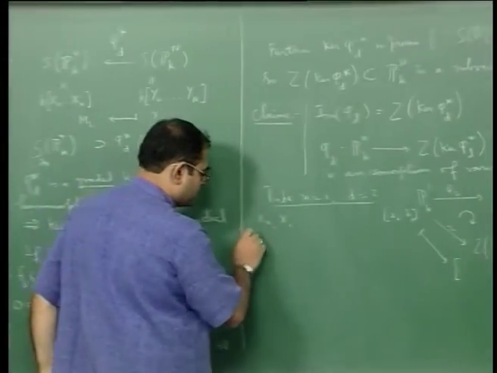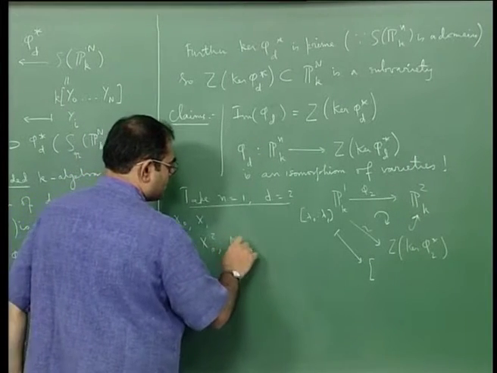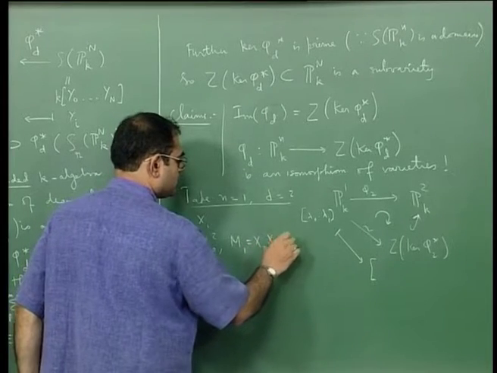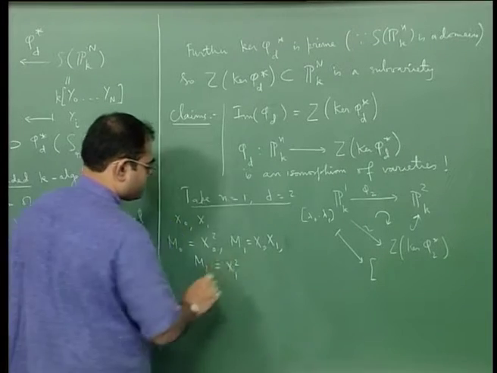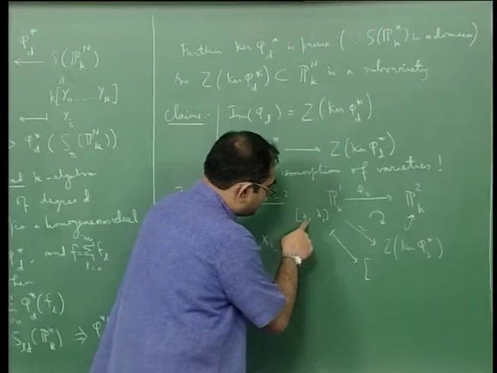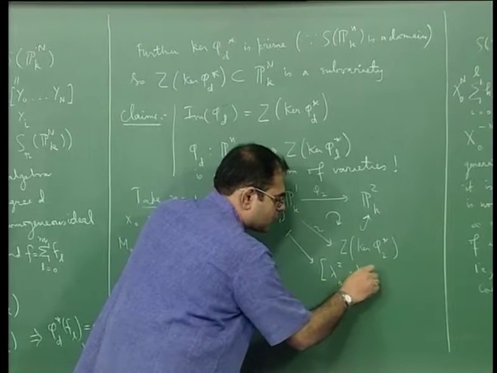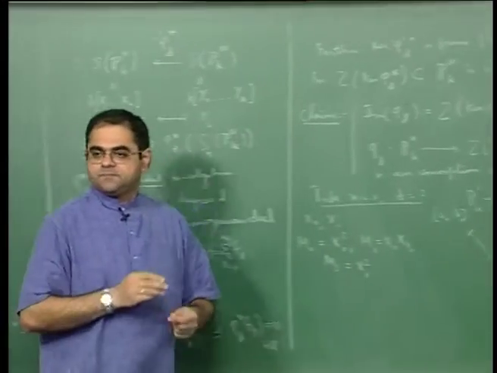You get m0, which is x0 squared, m1, which is x0 x1, and m2, which is x1 squared. These are the 3 monomials. Therefore the map sends lambda 0, lambda 1 to lambda 0 squared, lambda 0 lambda 1, lambda 1 squared. That is what this simple map is.